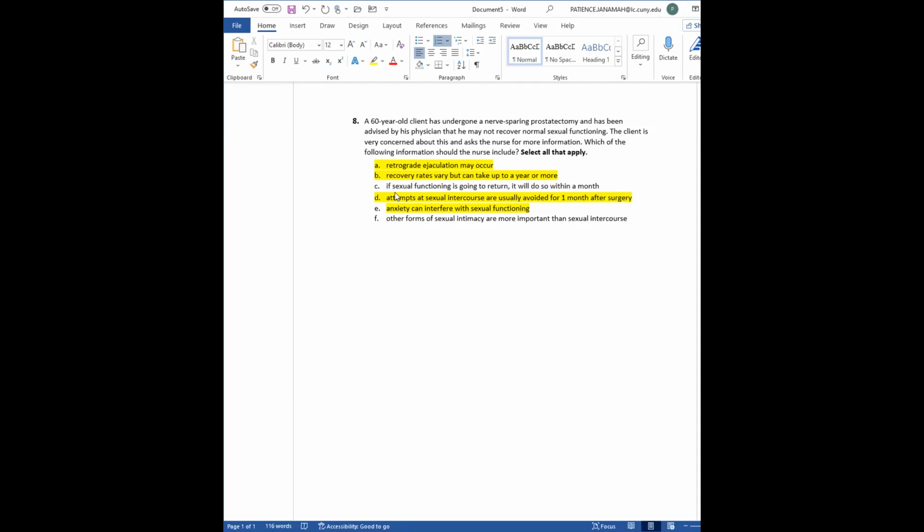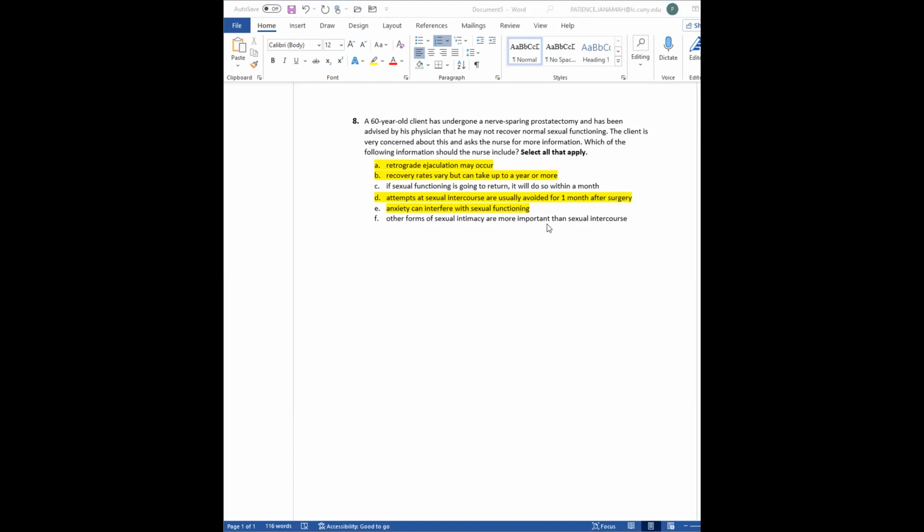Okay, so those are the correct answer options. The client may want to explore other forms of sexual intimacy if it is important to them, but at this point it doesn't actually affect the surgical procedure.